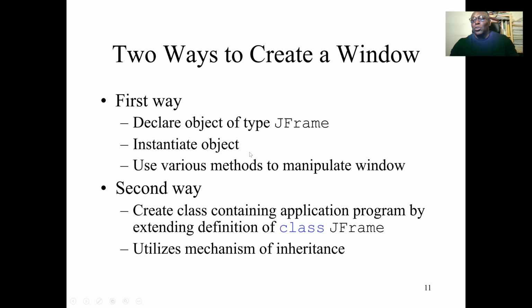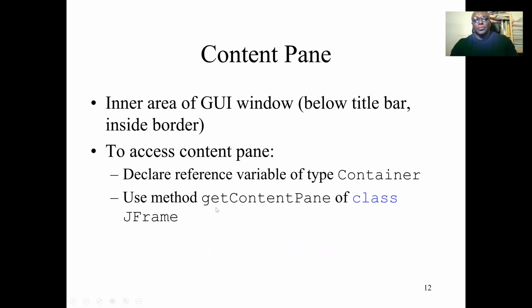Use the class constructor to create or instantiate your object. Then from there, use the methods of the class to manipulate your window object. The second one, using the inheritance concept, we'll go through in the Java 2 class.